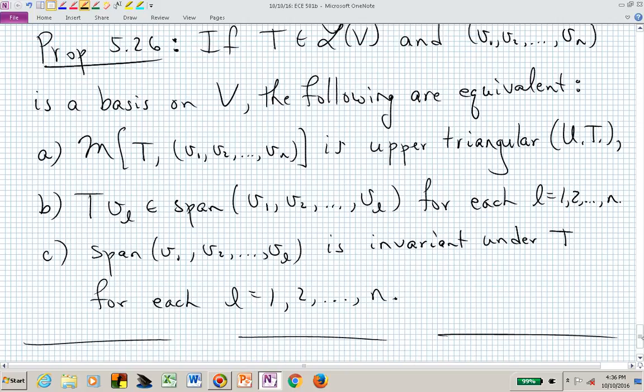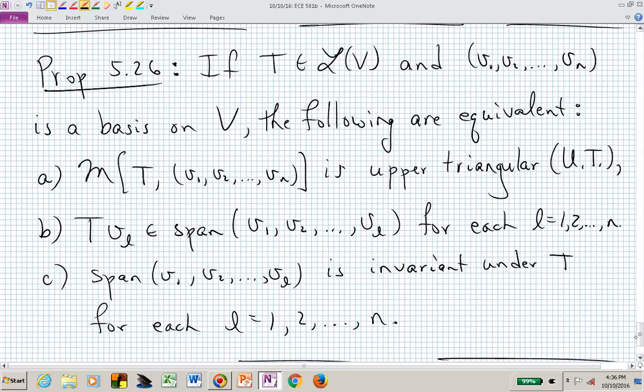So let's see if we can show the equivalence of these three statements relative to having a linear operator and this particular set of basis vectors V1 through V sub n. And one way to do that, as we've shown, is A implies B, B implies C, C implies A. Let's do it a different way. Let's show that A and B are equivalent, if and only if, essentially, and then let's show that B and C are equivalent.